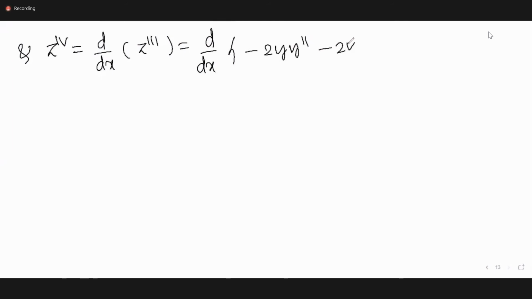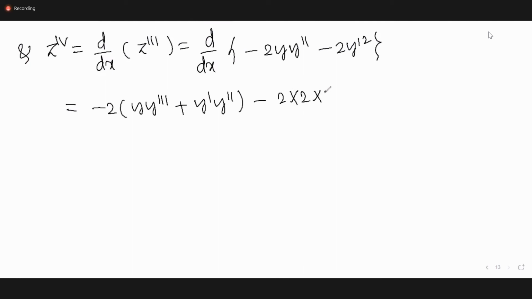And z fourth derivative is equal to d by dx of z triple derivative. So d by dx of minus 2y y double dash minus 2y dash square. So minus 2 into y y triple dash plus y dash y double dash, minus 2 into y dash into y double dash.